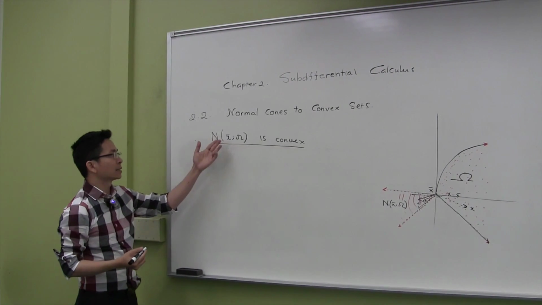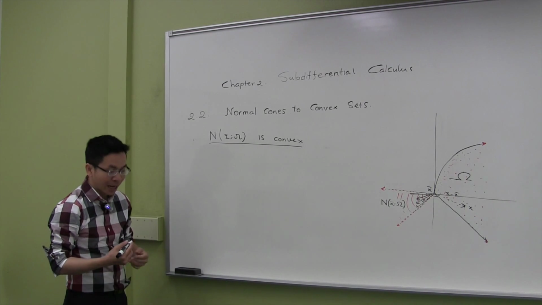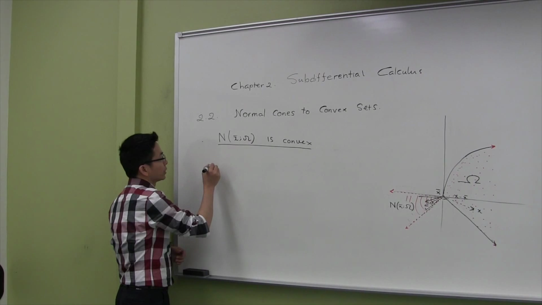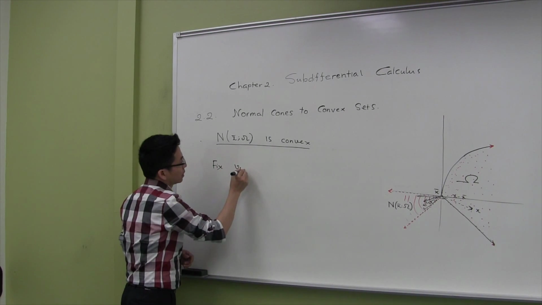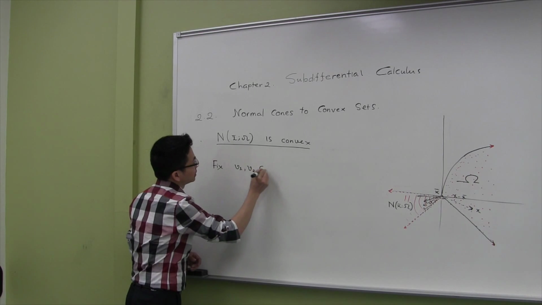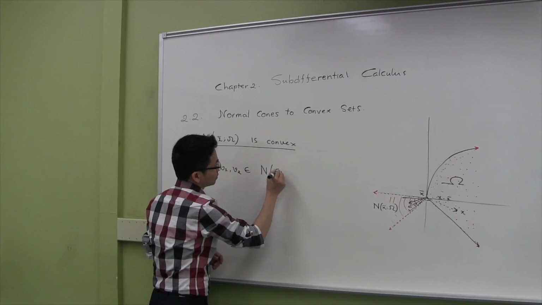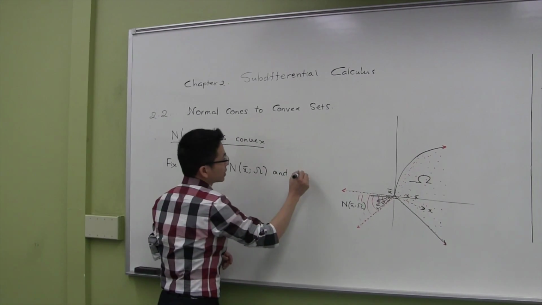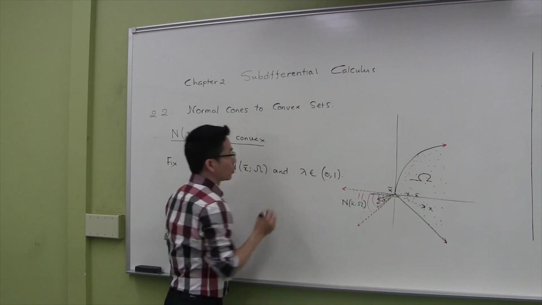In order to show that it is convex, we're going to apply the definition of convex sets. So we fix v1 and v2 in this normal cone, and we fix a constant lambda in the open interval (0, 1).